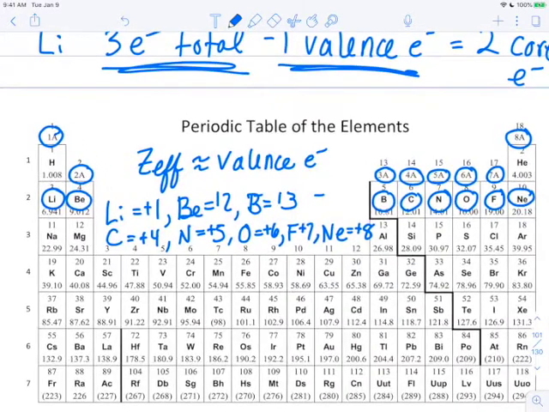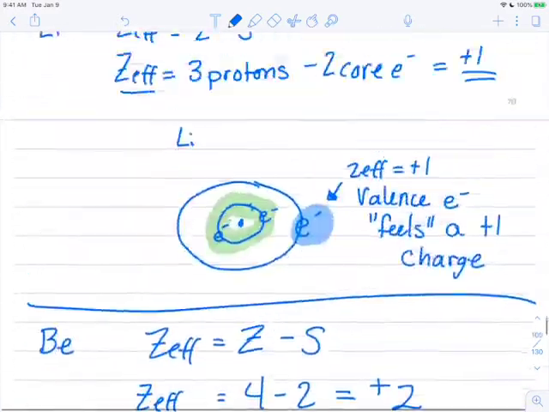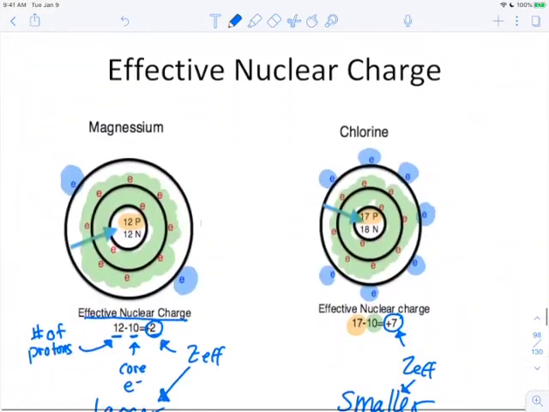All right. So I find this to be, of all the methods that we looked at, the easiest. But any questions on how we did this method right here? Okay, so you're welcome to use this method that the effective nuclear charge is the same as the number of valence electrons. But I do still want you to understand what's going on with the effective nuclear charge, and that's why I made you suffer through all of this talk.